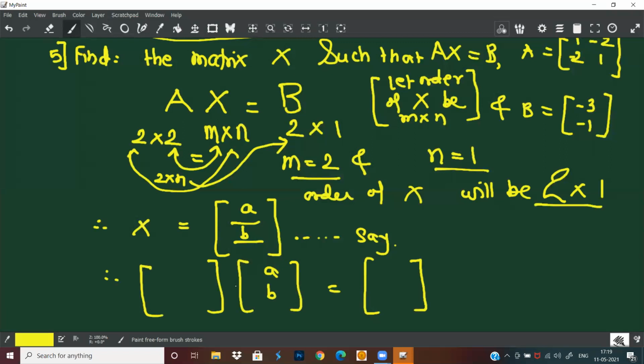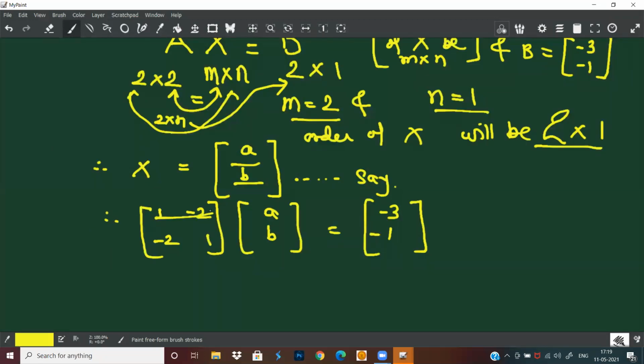A copy करो अभी. 1 minus 2 minus 2 1. And B है minus 3 and minus 1. अभी we have to multiply this. एक ही कॉलम है. अभी तो कॉमन सेंस है.